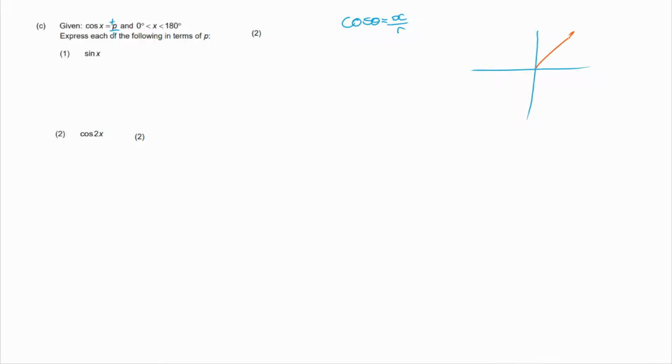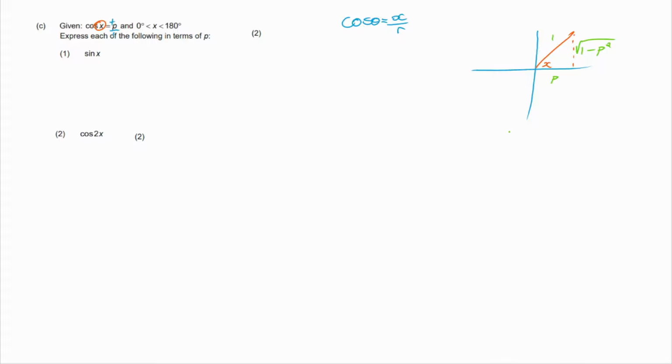So what we're going to do is draw this thing over here. This actually isn't theta, it's x, because we're dealing with the angle x. Our r is 1, and we know our x value is p. To find this, we can just use Pythag, and you'll find that it's the square root of 1 minus p squared.